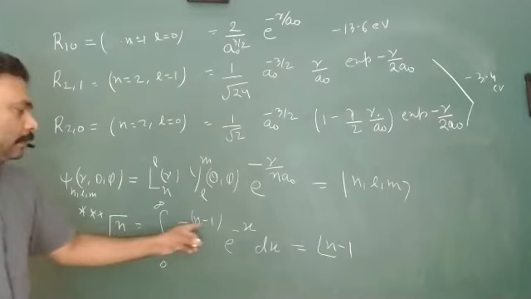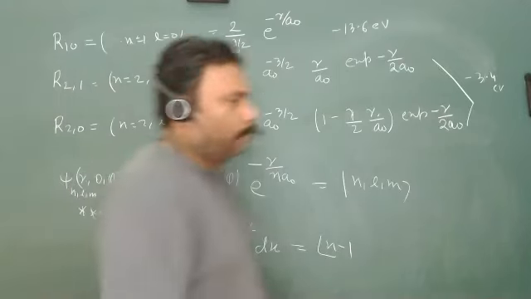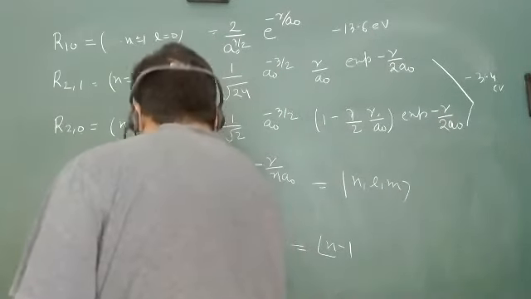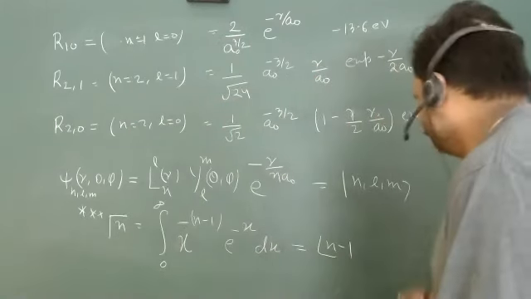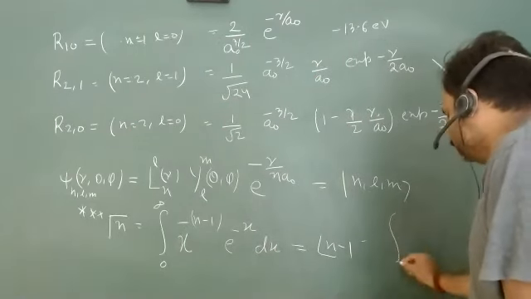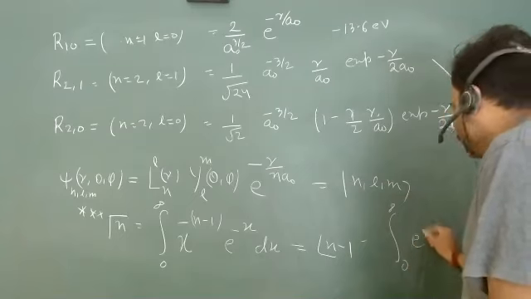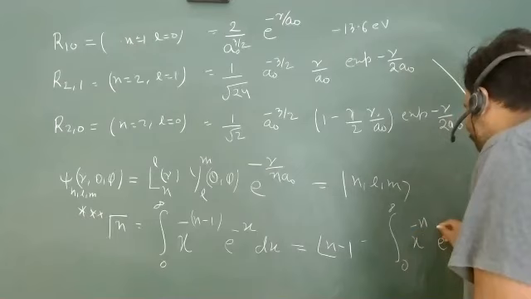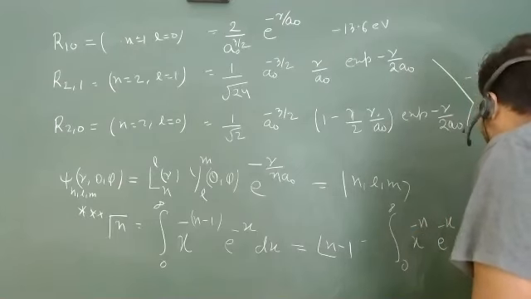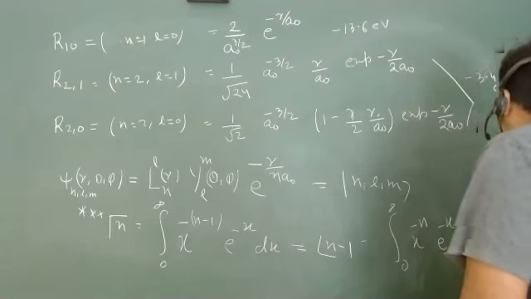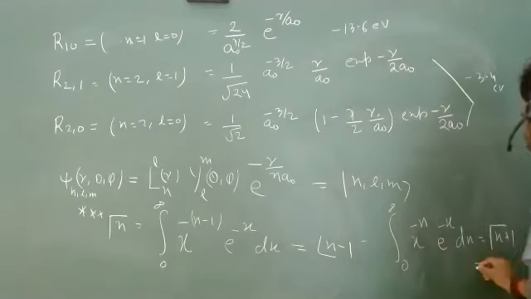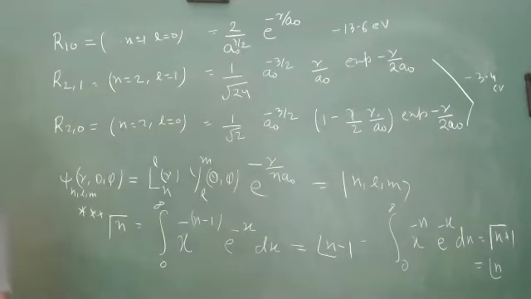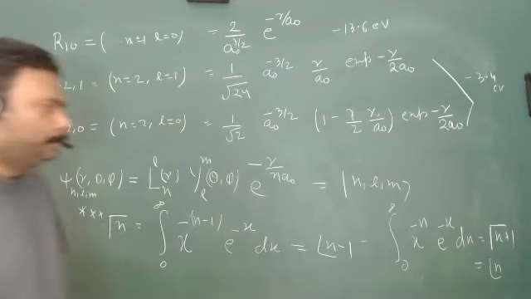Either you can write this one, or you can write it also as the integral from 0 to infinity of x to the power n, e to the power minus x, dx is equal to gamma n plus 1. You can also remember this. I used to use this, that is factorial n. So leave the n minus 1 part. You can also remember this one. Okay.